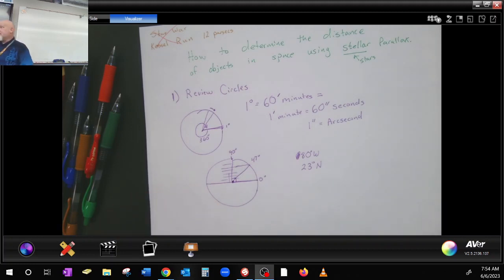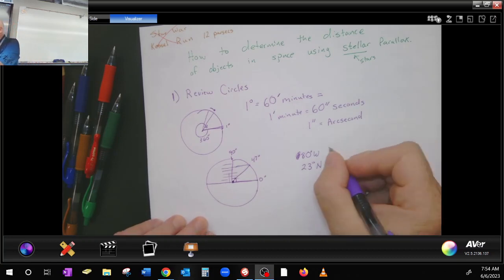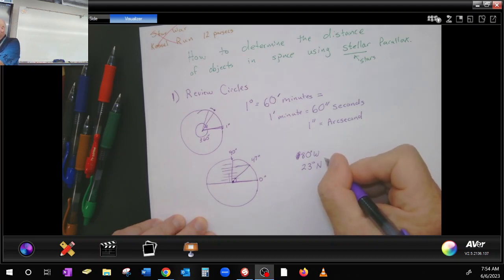Great. And your phone would actually tell you that. If I ask Siri, what is my longitude and latitude? It actually comes up and it will tell you what your longitude and latitude is. Because it's built into the phone. So I can figure this out.